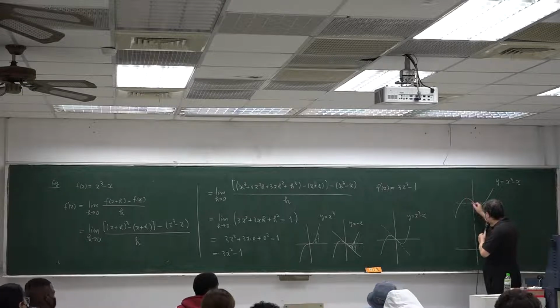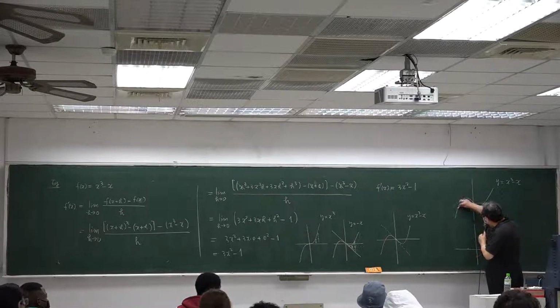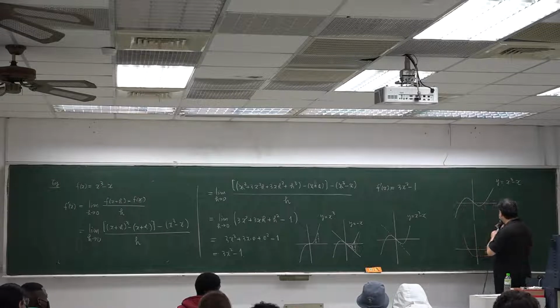Slope here is also 0. From minus to 0, then 0 to plus. Positive to 0 to minus. So this is y prime.